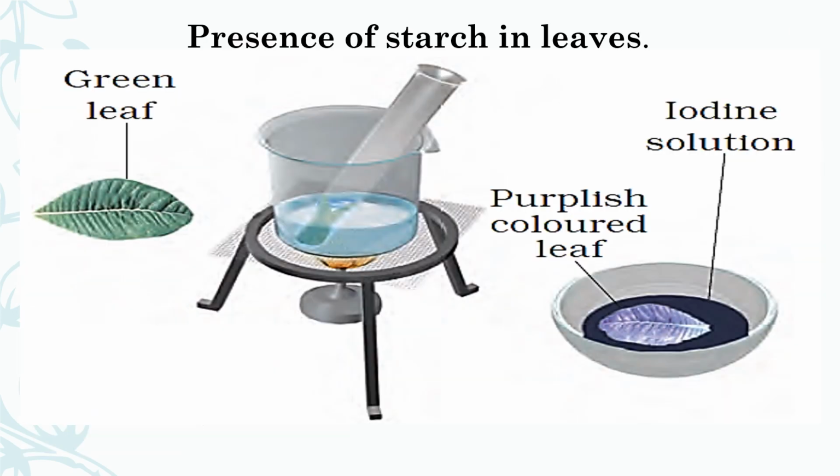This experiment proves that leaves contain starch, but this does not prove that the starch was prepared by the leaves itself. So now we will try to prove that it is the leaf which performs photosynthesis or prepares carbohydrate.